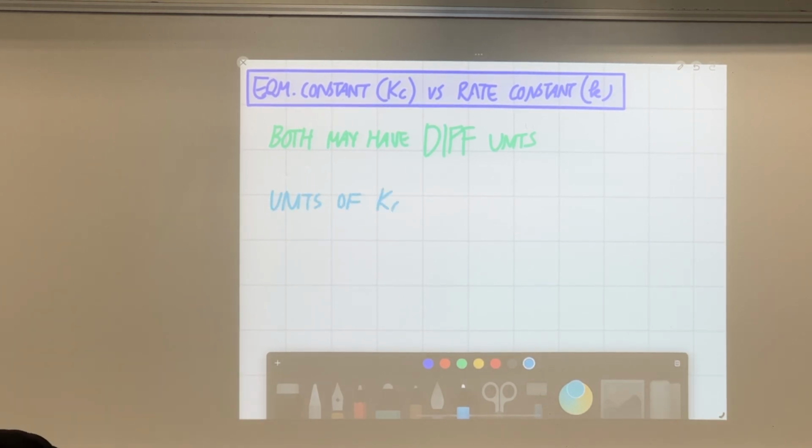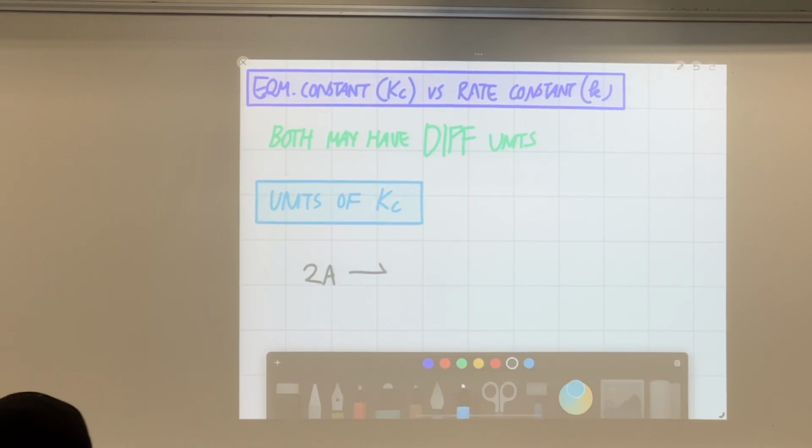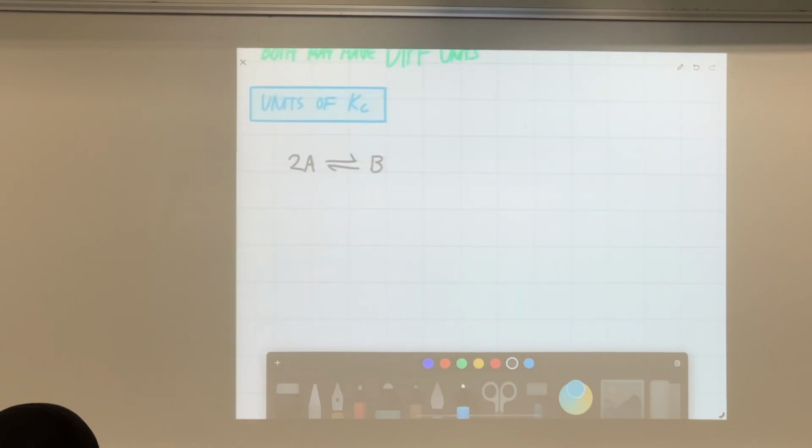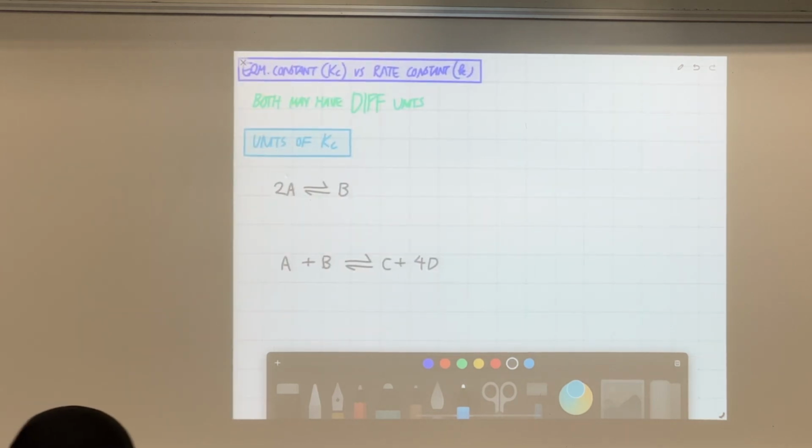Okay, recap. Imagine that I have this equilibrium: 2A becomes B, and then I have A plus B becoming C plus 4D. Can you write me the equilibrium expression? Maybe I'll do the first one for you, just to refresh your memory.